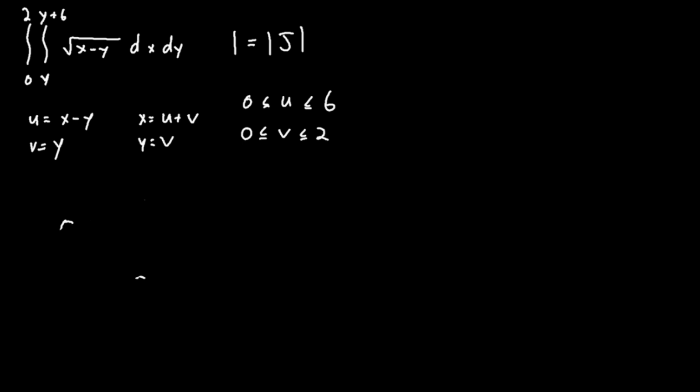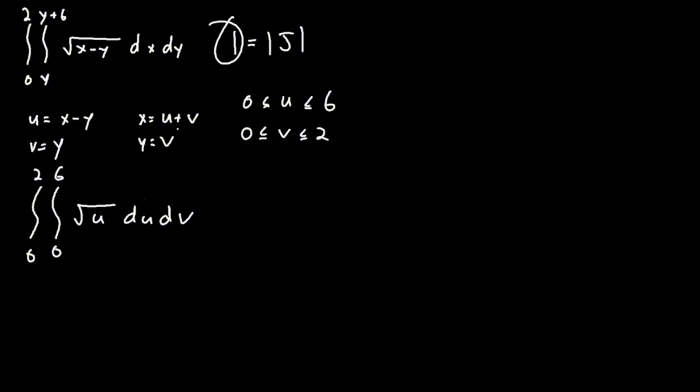And we can actually rewrite this integral now. So if we rewrite this double integral, you get 0 and 6, 0 and 2, square root of x minus y. X minus y is equivalent to u, so we can substitute u into here. And we're integrating with respect to u first and then v second.